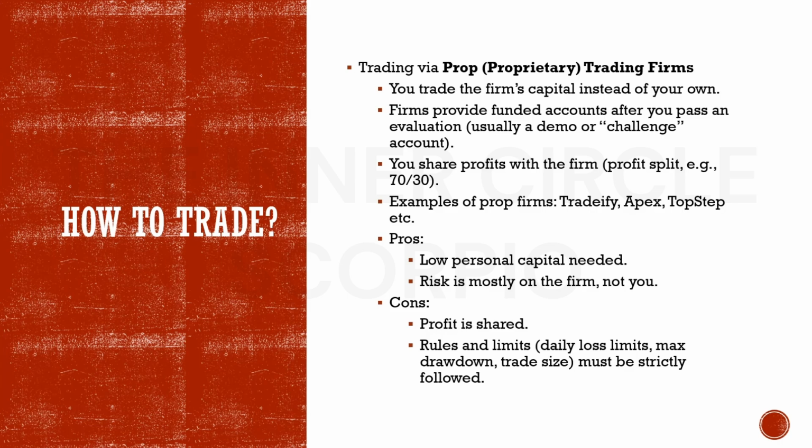You cannot lose as much money as you can on your own broker account. There is a drawdown, and we will touch more on that, but basically it means you cannot go down a certain amount of money in the account. There are also limits on sizes, like how many contracts you can take on, and they're all strict, you have to follow them. Otherwise your account will be banned and you would have to buy another account.